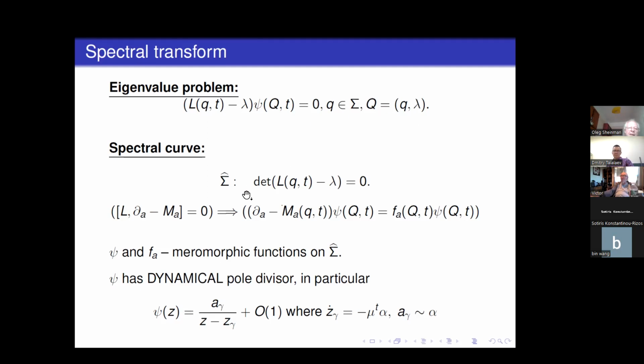Spectral curve is defined by the equation, by a characteristic equation of the operator L. Good, and it's a Riemann surface of an algebraic function given by this equation.